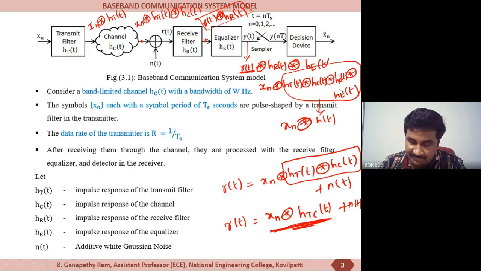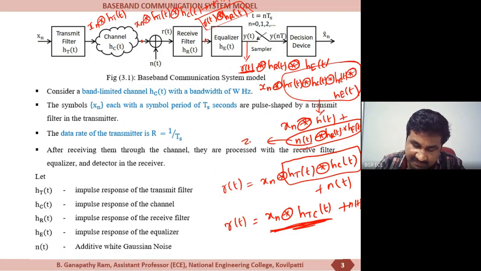So if you add plus n of t here, it will be represented by n of t convolution with hr of t convolution with he of t. So all these will be represented by z of t, that is processed noise.